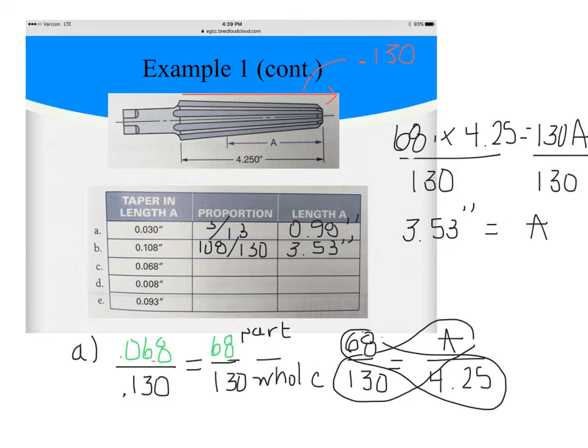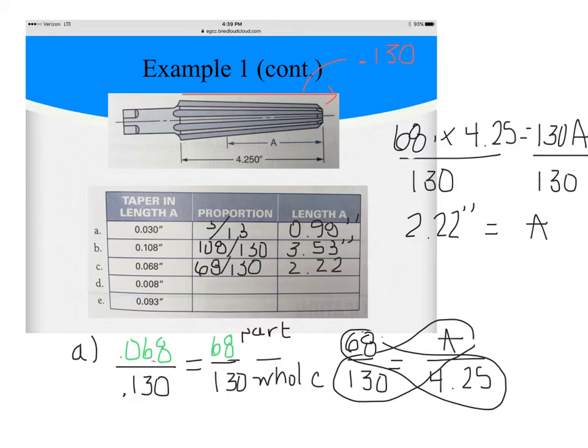So if we take 68 times 4.25 and divide by 130, we get the length of A to be equal to about 2.22 inches, which we see is a little bit more than half of the 4 1/4 inches of the total length of the reamer, which is reasonable because our proportion, 68 over 130, was a little more than half. It was about 0.52.